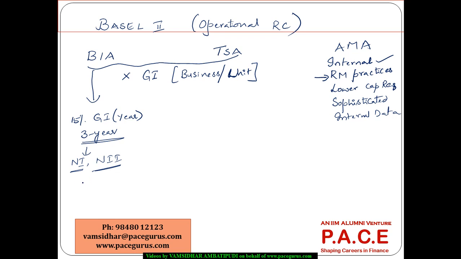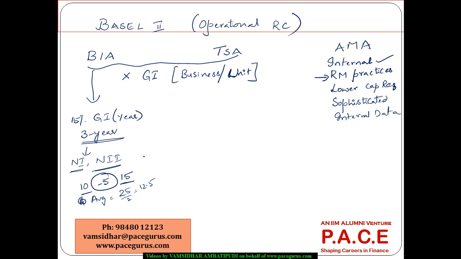So while taking the average, let's say if the gross income in the last 3 years has been 10 million, minus 5 million and 15 million, then the average gross income, I'll take it only based on these two. So which is 25 divided by 2, which is 12.5 million. I'll take only the positive.